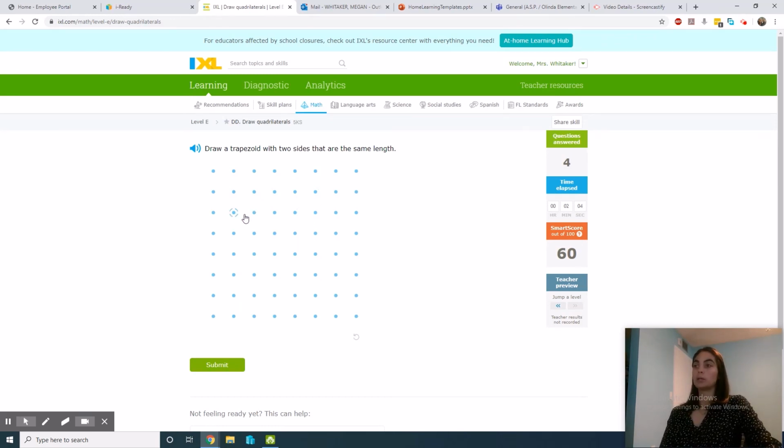So a trapezoid is another quadrilateral. It has four sides. So two sides are the same length. Okay, so this one. And this one. So these two are the same length, and the top and bottom are different.